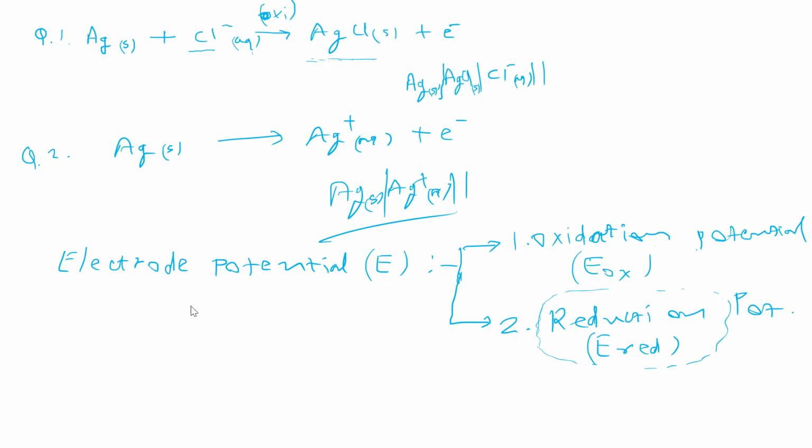Yes, sir. Standard electrode potential is mentioned by E naught, standard oxidation potential by the symbol E naught oxidation, and similarly standard reduction potential, SRP in short, by E naught reduction. So in normal condition we use the symbol E for electrode potential, and in standard condition we use the symbol E naught. Do remember, this is not a power of E, it is known as E naught.